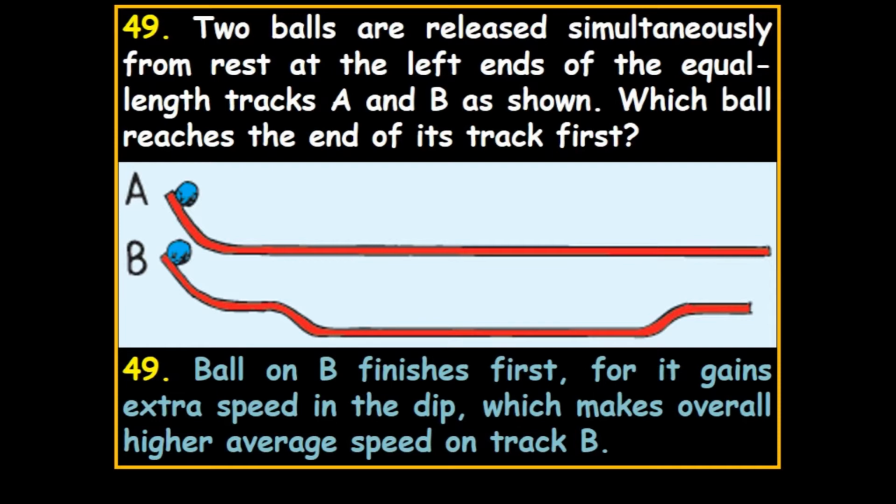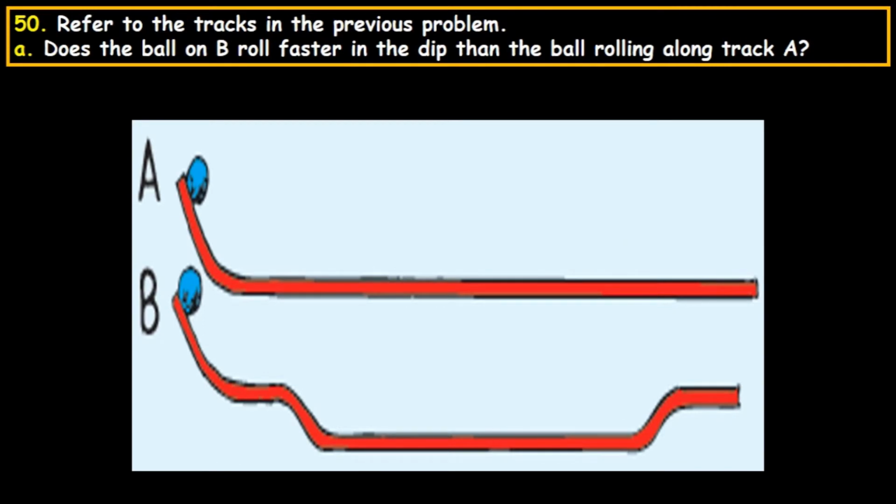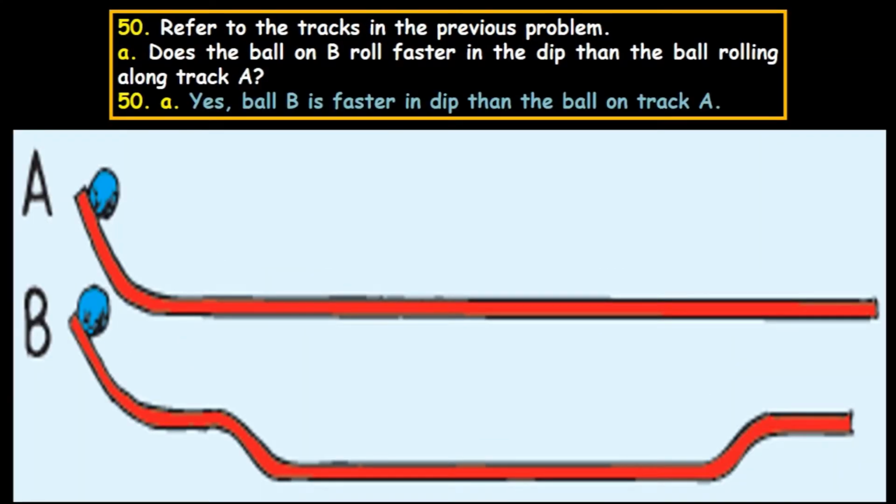The ball on B finishes first, for it gains extra speed in the dip, which makes a higher overall average speed on track B. Does the ball on B roll faster in the dip than the ball rolling along track A? Yes, ball B is faster in the dip than the ball on track A.